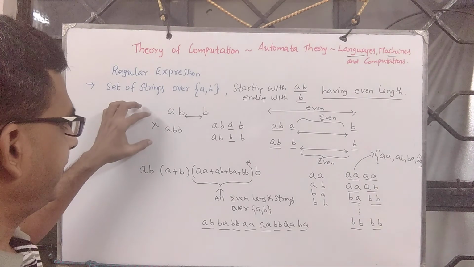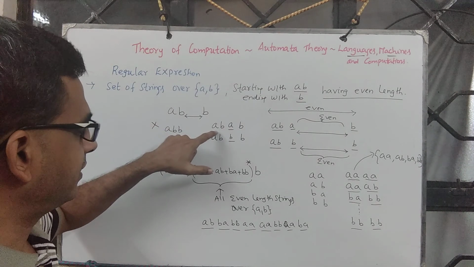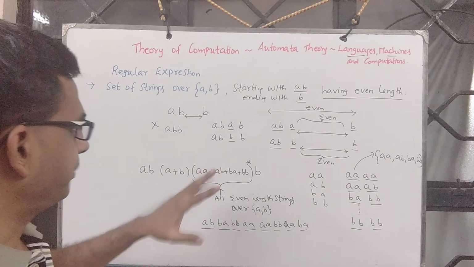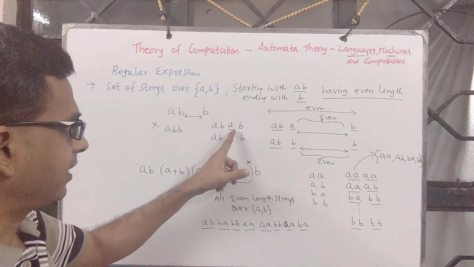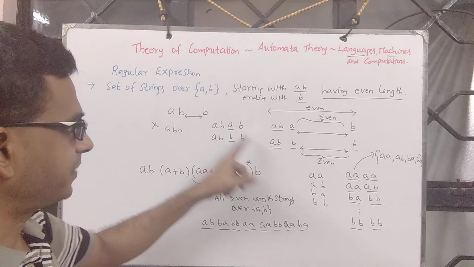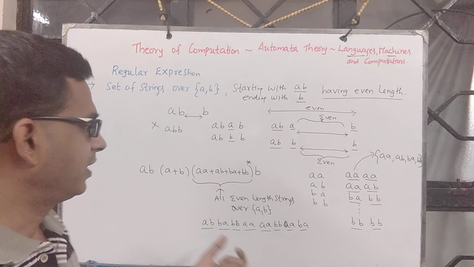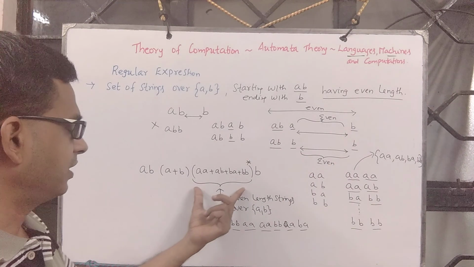So if you carefully observe the pattern by looking at the start, end and the third symbol, then you get the base string. Then you just have to separate this part and this part, and that says it could be any even length string. Interestingly, any even length string can be generated using this expression.